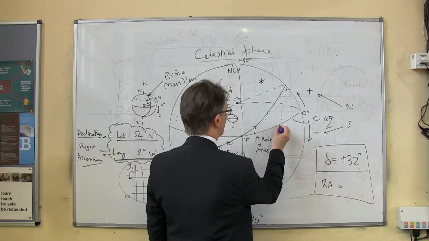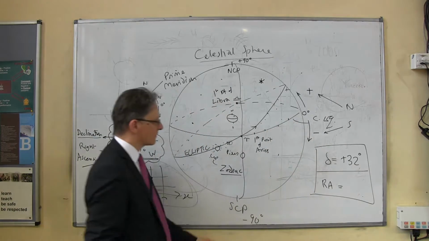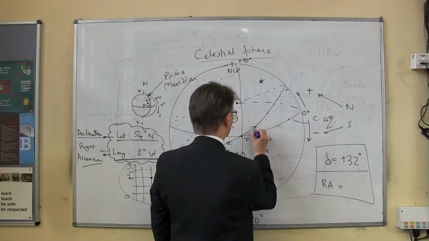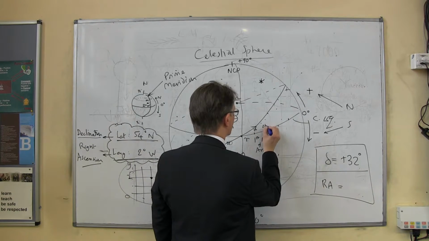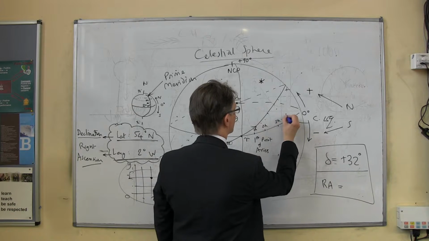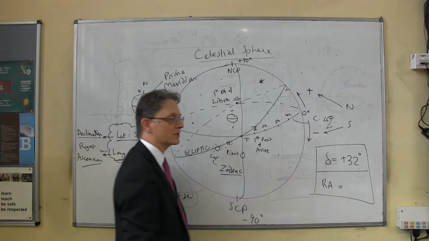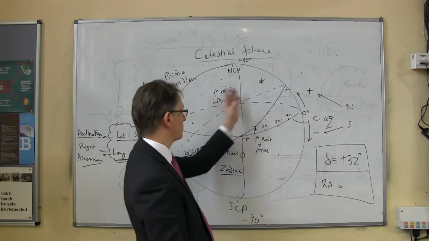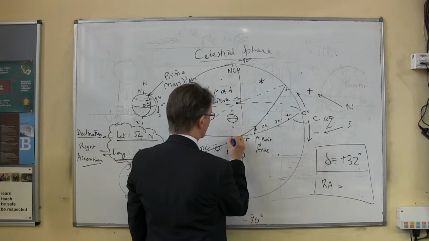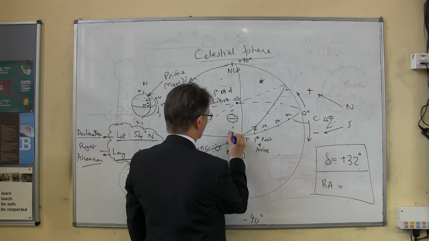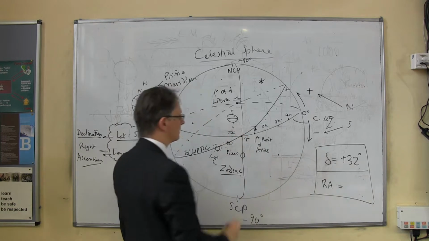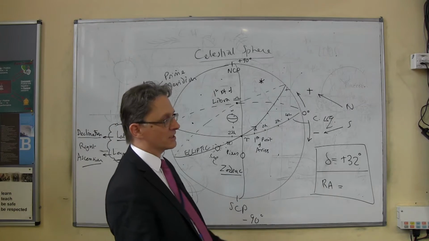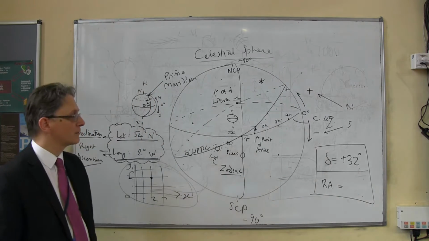As you move away from the first point of Aries, which is obviously 0 right ascension, you go to 1 hour, 2 hours, 3 hours, 4 hours, and so on. It ticks off in hours from the first point of Aries all the way around. The last mark before you come back to the first point of Aries is therefore 23.